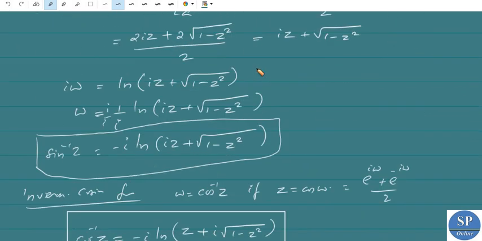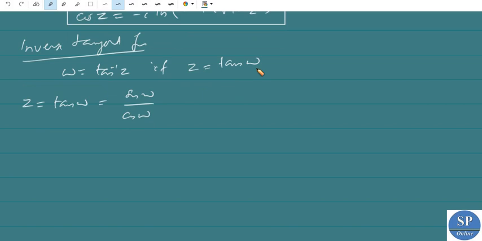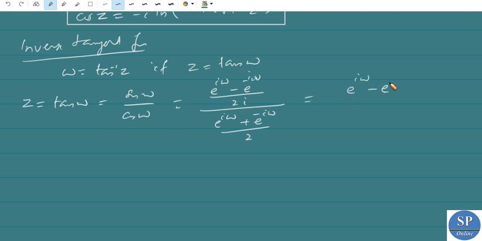So sin w by cos w is e power iw minus e power minus iw divided by 2i, and cos w is e power iw plus e power minus iw divided by 2. So this is equal to e power iw minus e power minus iw divided by e power iw plus e power minus iw, into 1 by i.